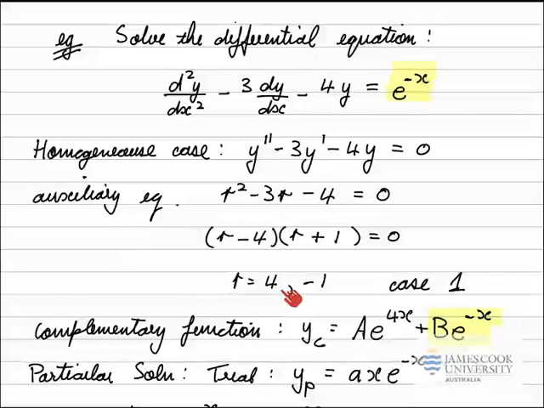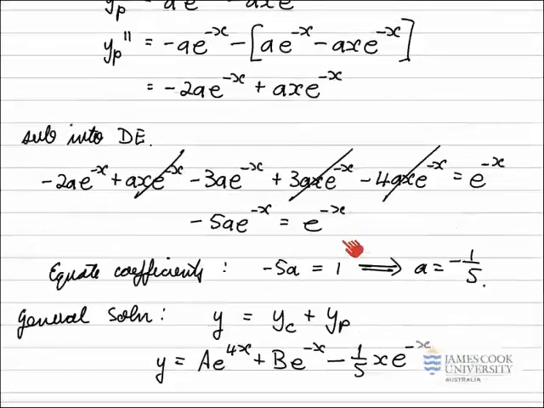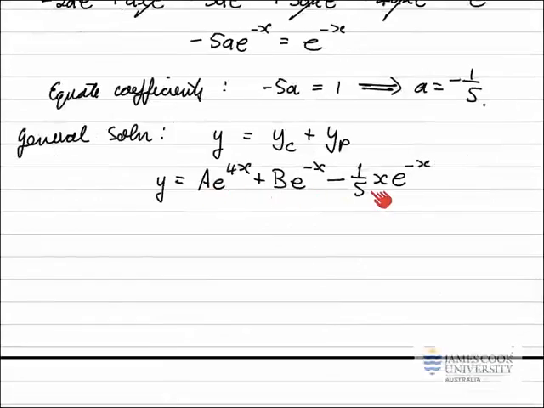I was not given any boundary conditions at this stage, and so the best I can do is to just leave the solution as the general solution here, the general solution to the second order differential equation with constant coefficients and non-homogeneous right hand side.